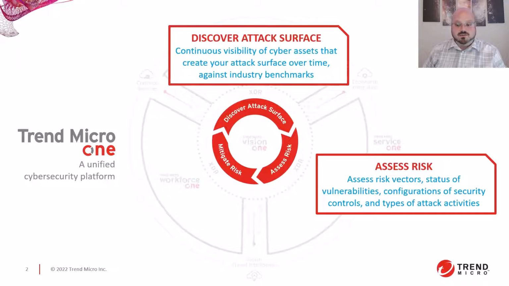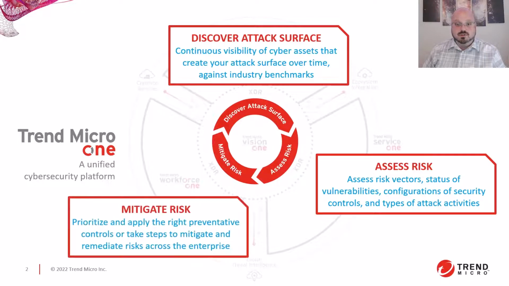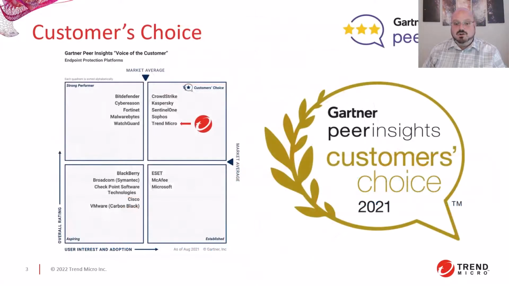Assess risk factors, status of vulnerabilities, configurations of security controls, and types of attack activities being observed. And then we help to mitigate that risk. With guidance, you can prioritize and apply the right preventive controls or take steps to mitigate and remediate risks across the enterprise.